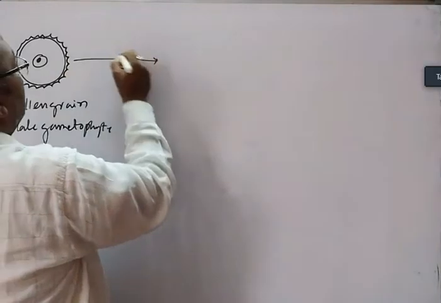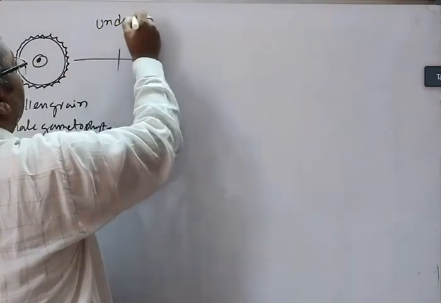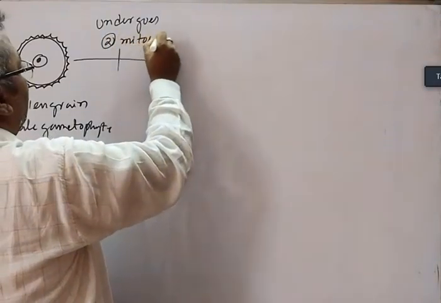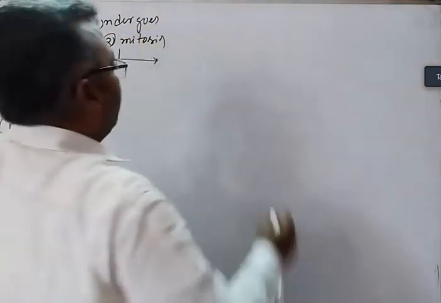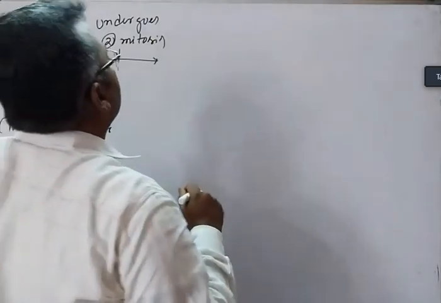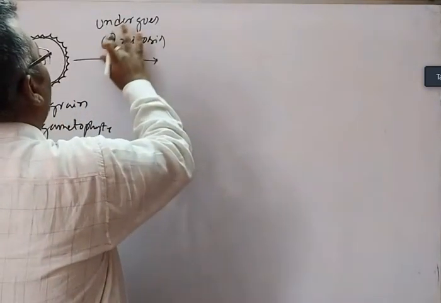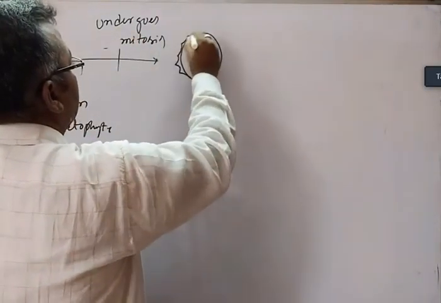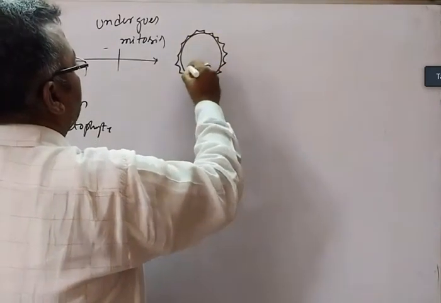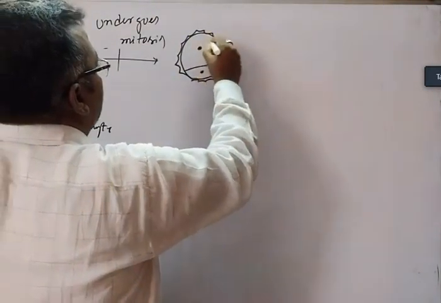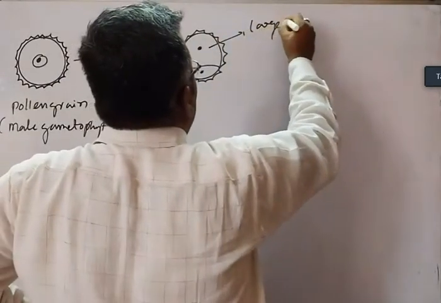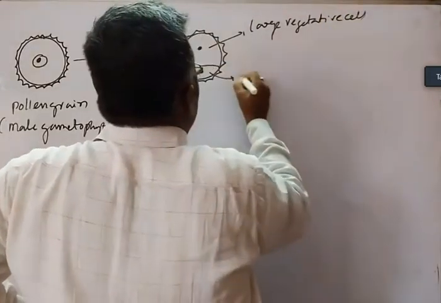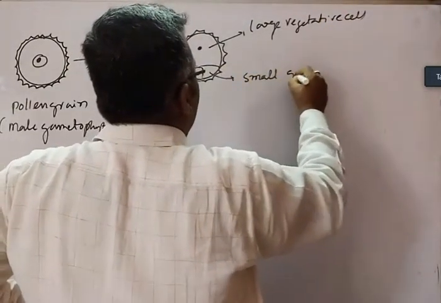It undergoes two mitoses. In the first mitosis, it gives two cells, a large vegetative cell and a small generative cell.